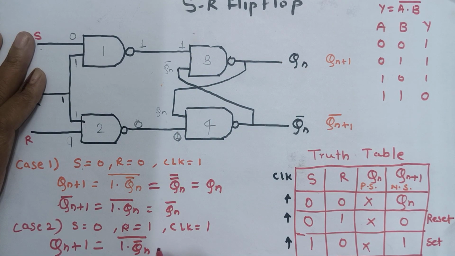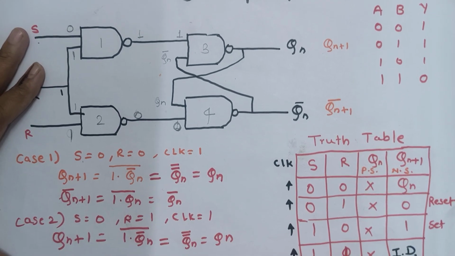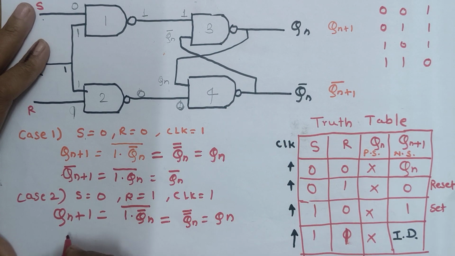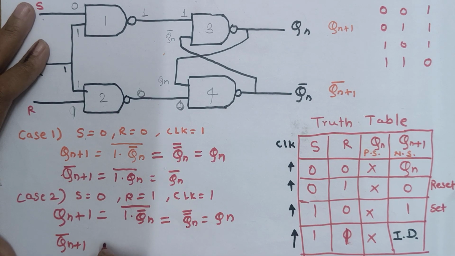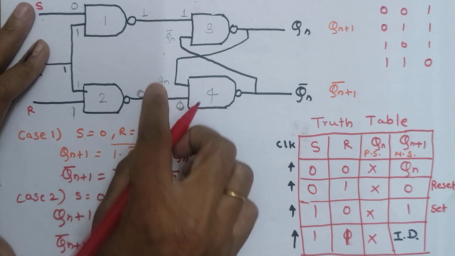that is equal to 1 into Qn bar, whole bar. So that is the output of this state. So 1 into Qn bar, that is Qn bar double bar, which is equal to Qn. Here we don't know the value of Qn, but we are going to find it out. For the fourth gate output, that is Qn plus 1 bar, what is the input for that condition? They are 0 and Qn.